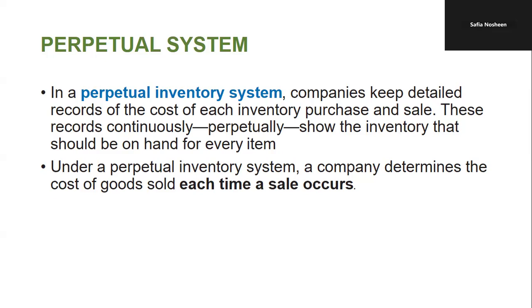Under the perpetual inventory system, the company determines the cost of goods sold each time a sale occurs. So at the time of sale, we record two entries: one to record the sales revenue and the other to record the cost of goods sold, so that we can determine the profit with every sale.